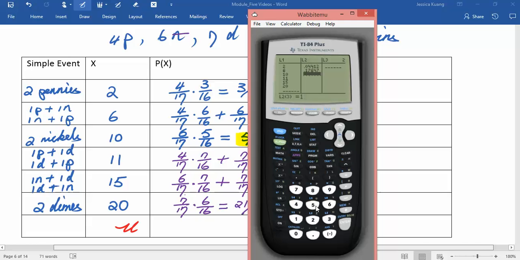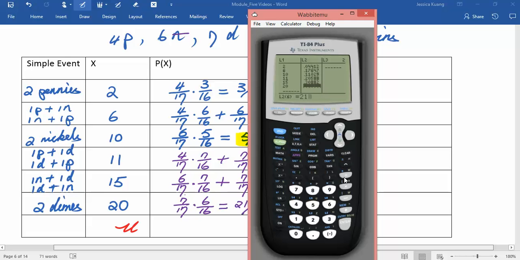So while you are entering the fractions, make sure you double check before you enter. 7 over 34. Enter. 21 over 68. Enter.